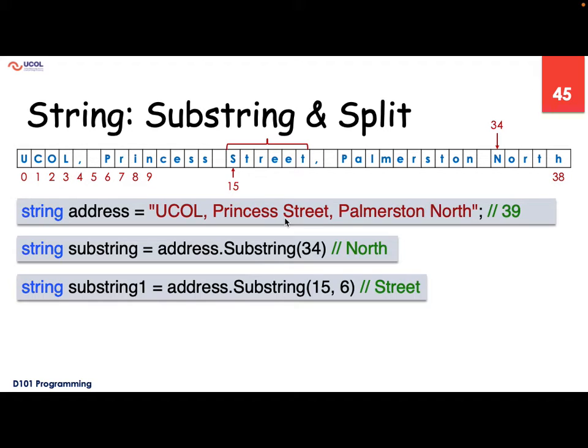So when you talk about 15, go to the index value 15, that is actually the 16th character, and starting from that point, take the next 5, or including that one, 6 characters from there, and that will be a substring. It will return by this address dot substring 15, 6. Make sense? Any questions?